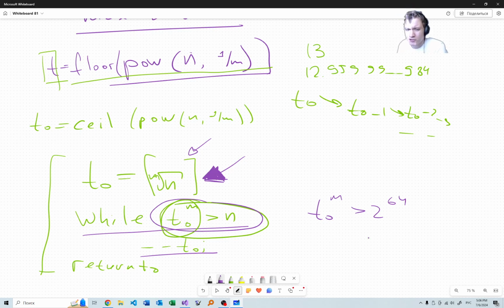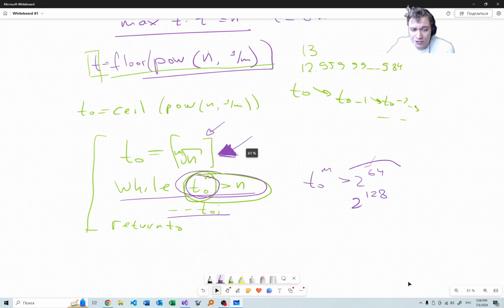First of all, you can just do it in 2 to the power 128, and if at some moment while calculating this stuff you exceed this number, you just stop. So it's easy to understand if your calculation has exceeded 2 to the power 64 in the process of calculating this power, and you can simply stop instead of continuing and getting an overflow.